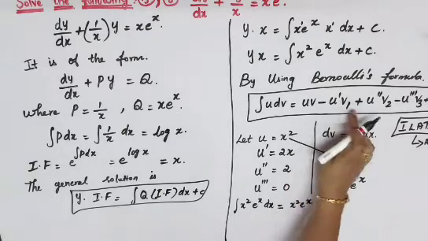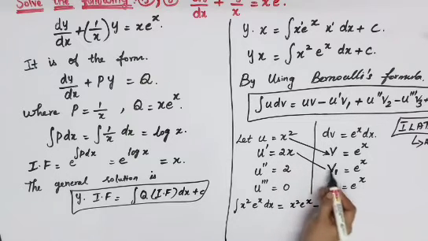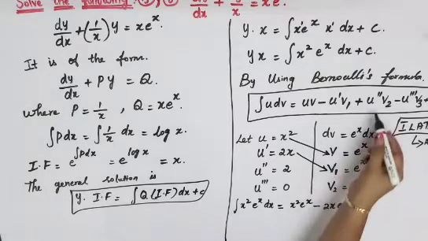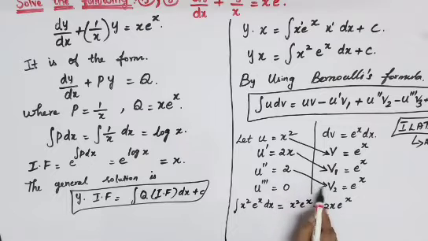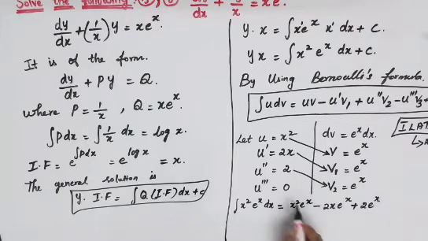Next, u dash v1, but minus is there, so put minus: u dash and v1 joined together is 2x into e power x. The next one is u double dash v2, club together, so plus 2 e power x. The next one is 0, since we multiply 0 by e power x, you get 0. So I will just stop with this.